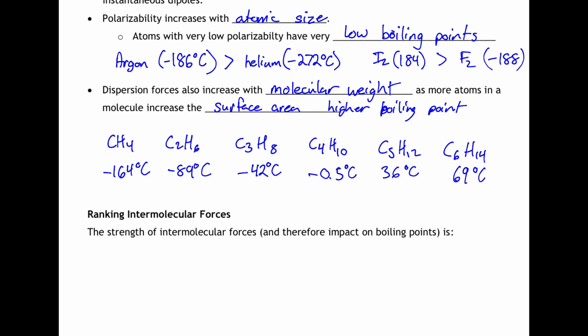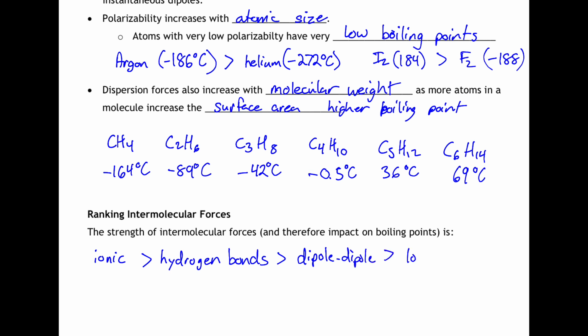Oh, and then the summary. Basically, strength of interactions goes in this way. Ionic is the strongest. Stronger than hydrogen bonds, which are stronger than dipole-dipole interactions.